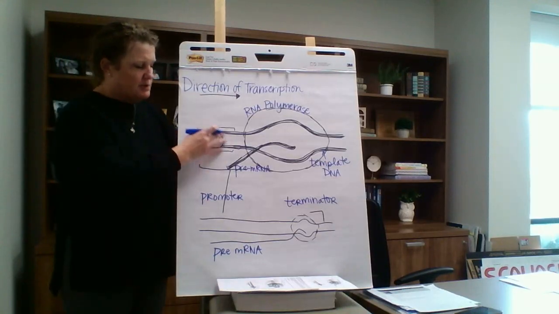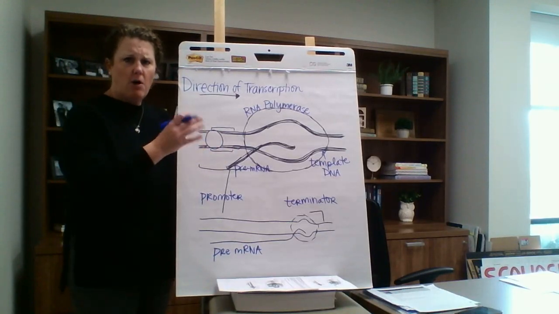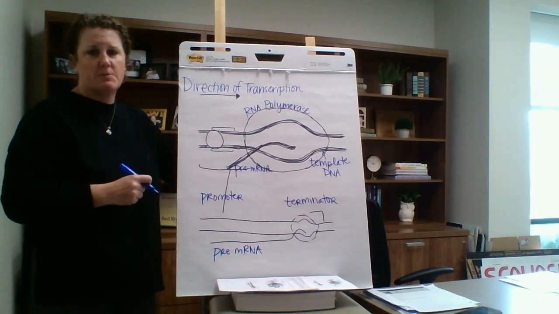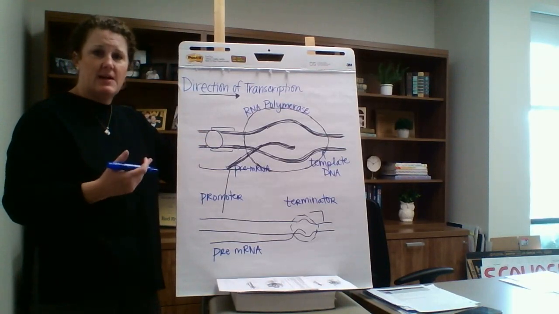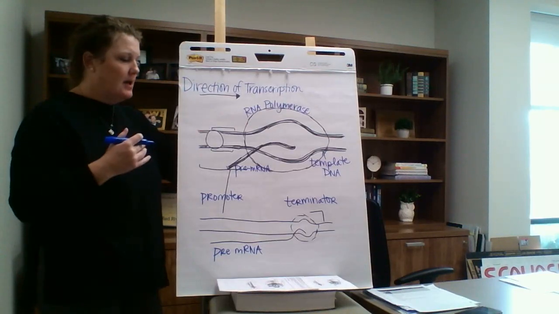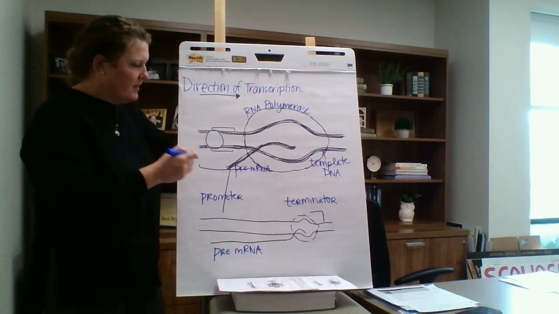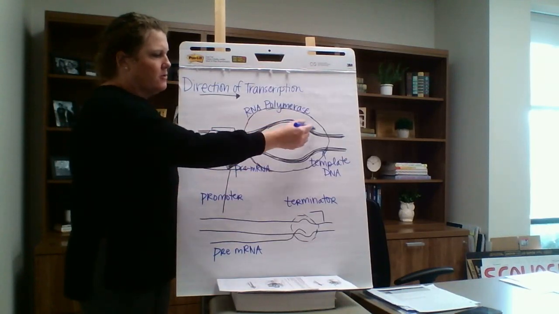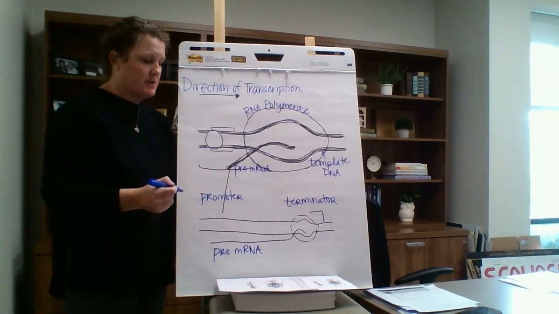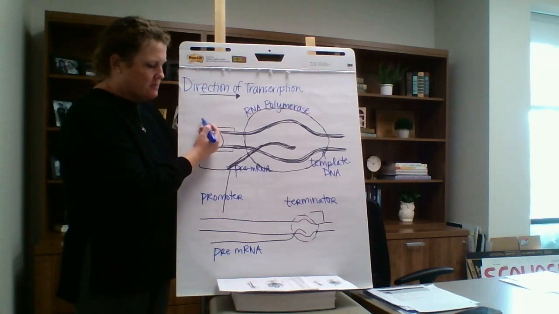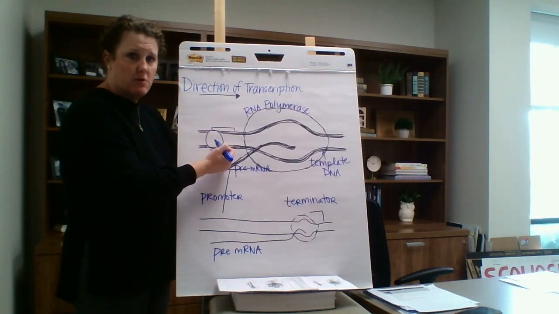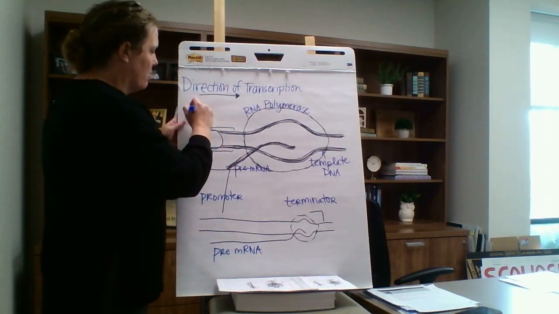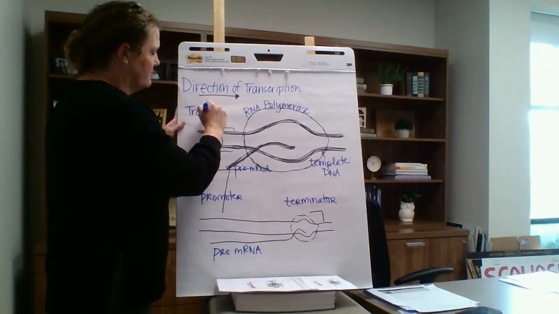But over here in this promoter region, the RNA polymerase is not even able to bind unless the proper transcription factors are in place. And so that is a big part of your gene regulation. And so one of the things that we're going to label, there's a big circle over here. If you look in your diagram, there's some other circles in other areas of the DNA sequence. And you have a little box that's right over here, and it's pointing to several of these circles, okay? So what these little smaller circles represent are our transcription factors.